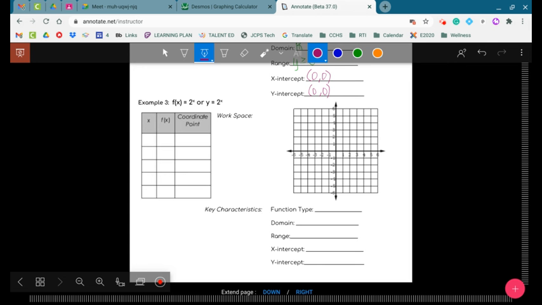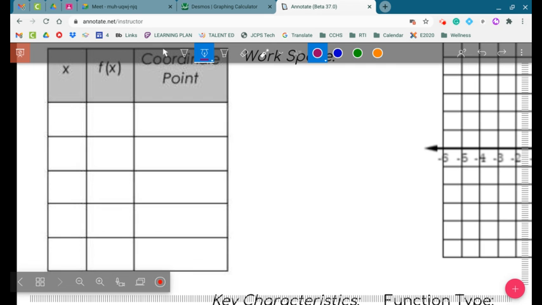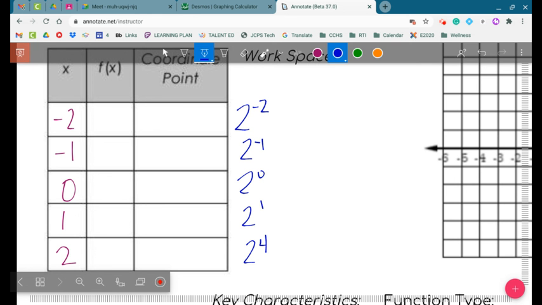And the last one we have is our exponential parent function. So again, we have -2, -1, 0, 1, 2. And then we're going to plug in. So we're going to have 2 to the -2nd, 2 to the -1st, 2 to the 0, 2 to the 1st, and 2 to the 2nd.